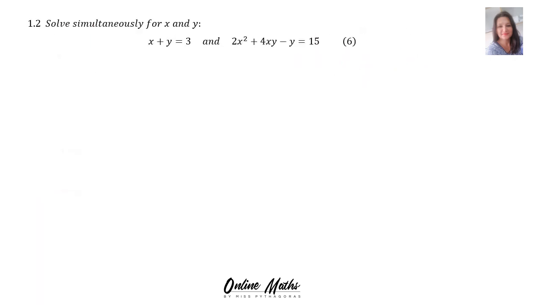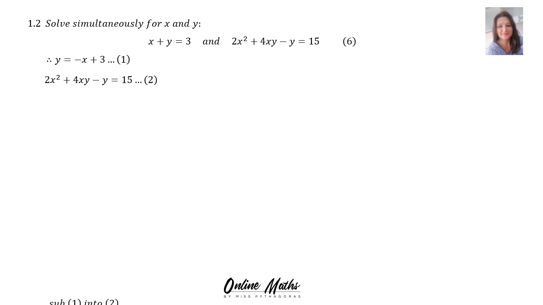1.2, solve simultaneously for x and y. So what you do, you look at your two equations, and then I suggest you take the first equation and then you can get either x or y alone. I made y the subject of the formula. It really doesn't matter. What is important is that you label that one equation 1, and the second equation equation 2.